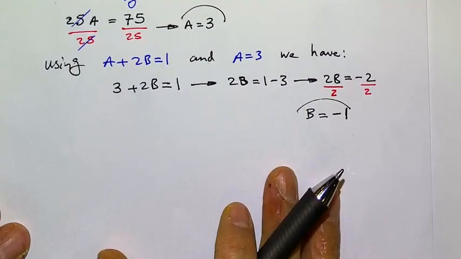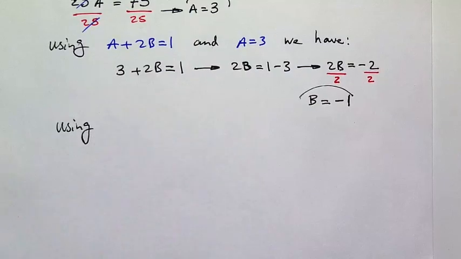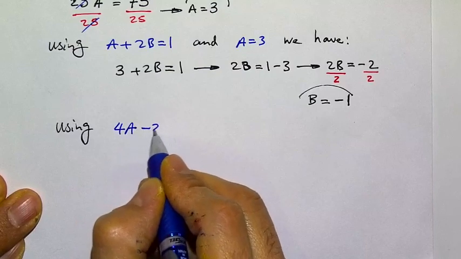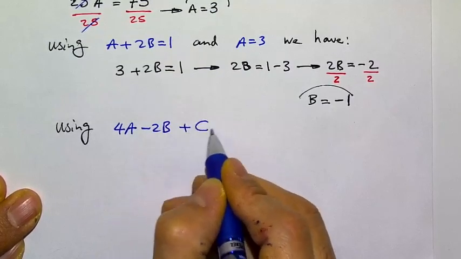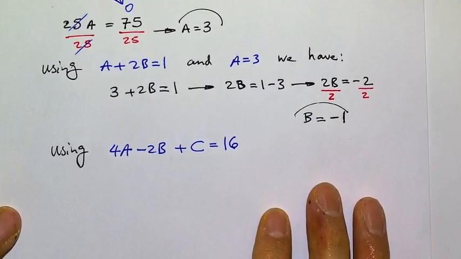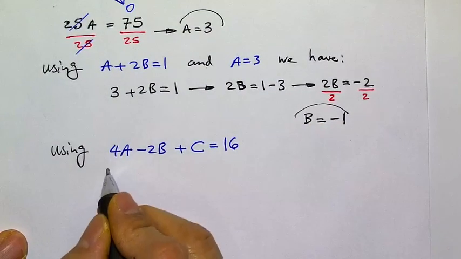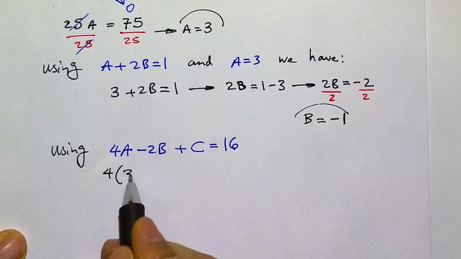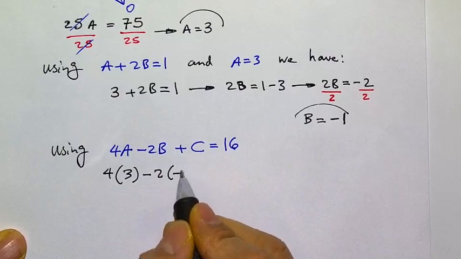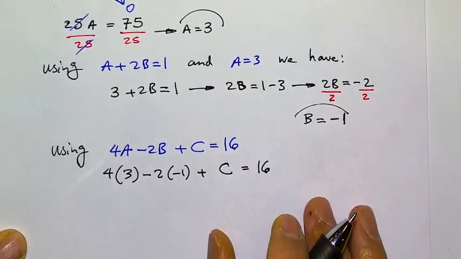So using this equation, 4a minus 2b plus c equals 16, and let me move this down. So you have a and b shown here. Let's plug in. 4 times 3 minus 2 times b, which is negative 1, plus c must be equal to 16.